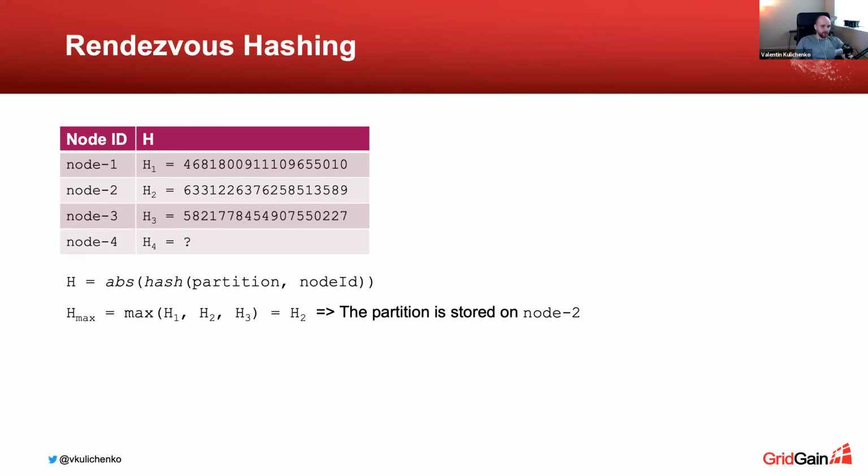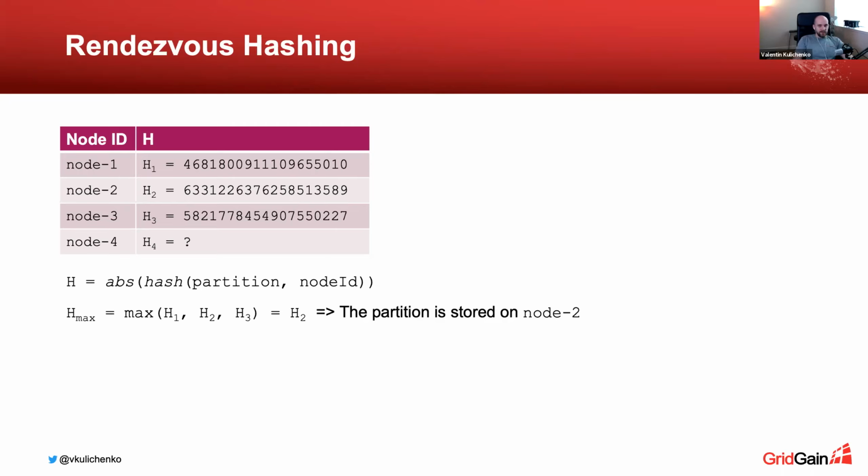So we have h1, h2, h3, which do not change, of course, because the hashing function will provide us consistent results based on the same values. Node IDs do not change. And as long as we calculate for the same partition, we'll get the same values for those 3. And we'll get some value for h4, which is the new one.